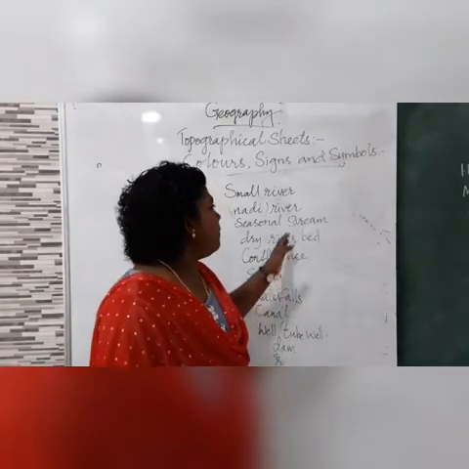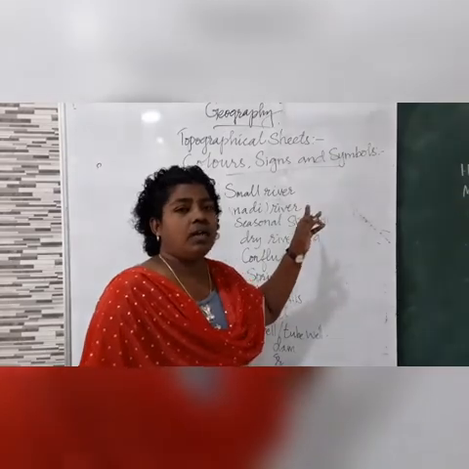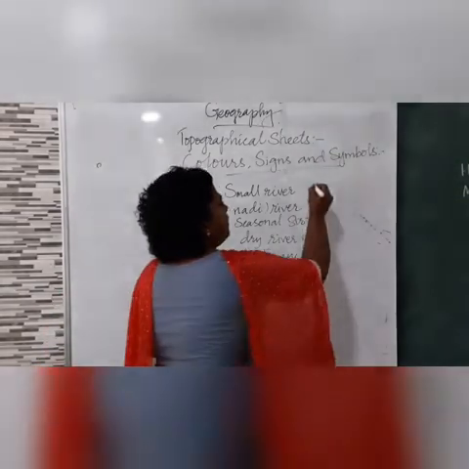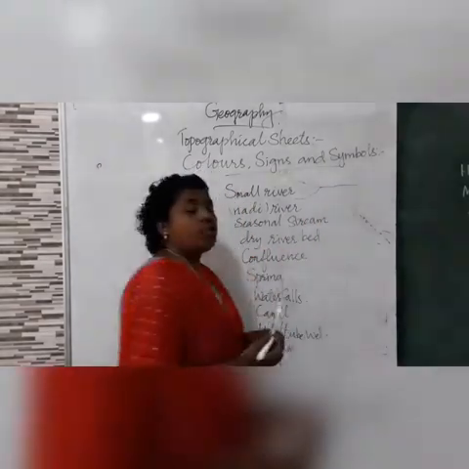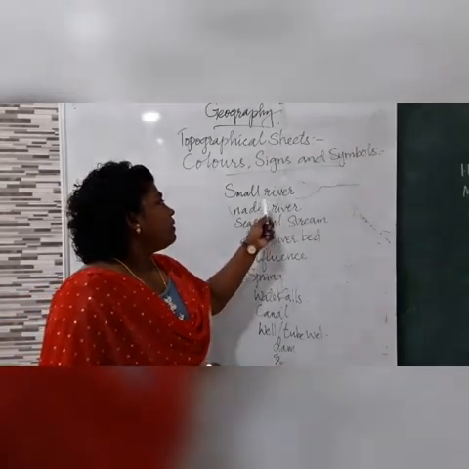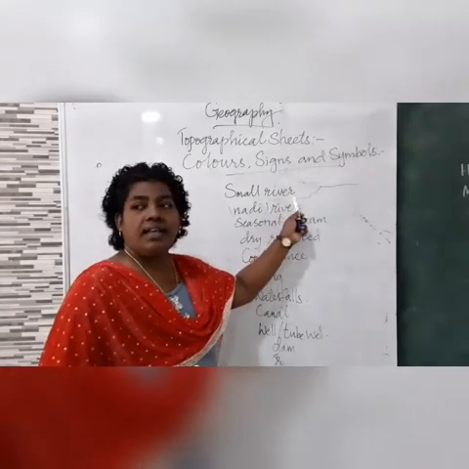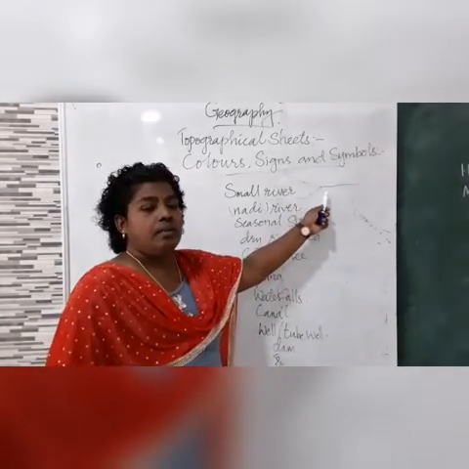When we see small rivers, a small river we call Nadi. This symbol, with the blue color, denotes Nadi or small river. It is like a stream of water, and it is denoted with a blue color.